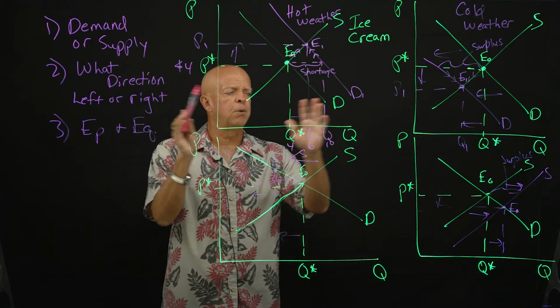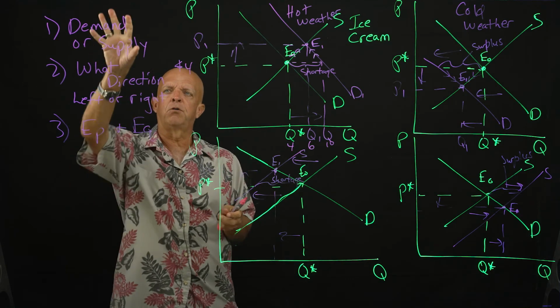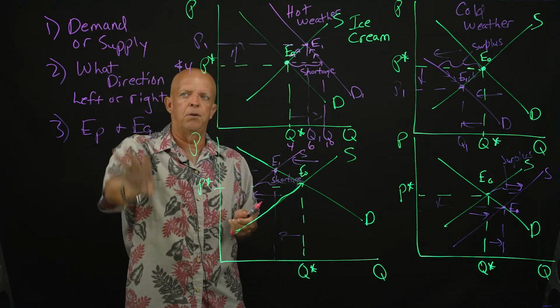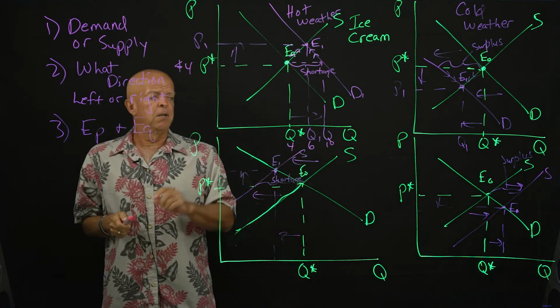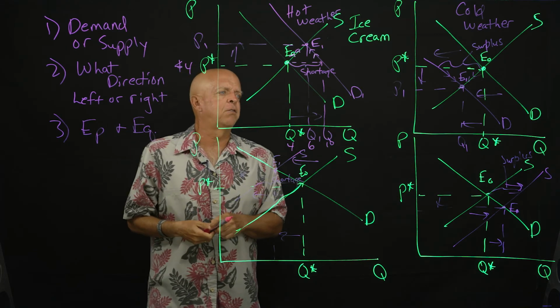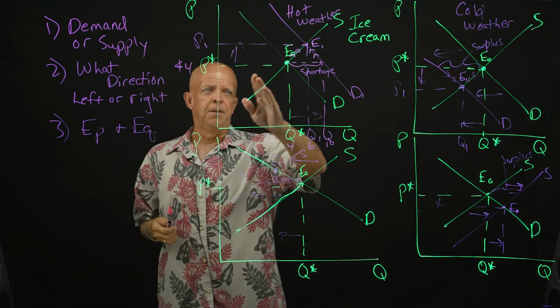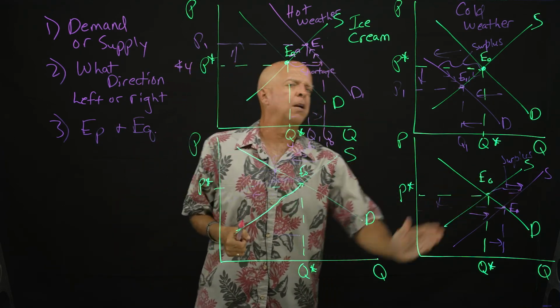So all of these situations work very similarly, and you will get them all straight by remembering these 3 steps. Now, I've only looked at one shift. It's possible to have 2 shifts. Let's say there's hot weather and new firms are coming in.